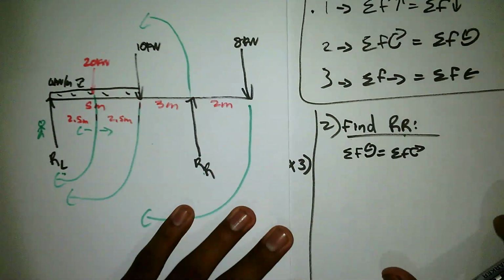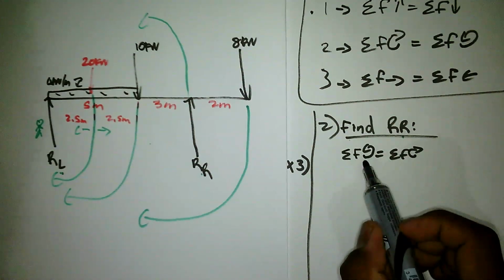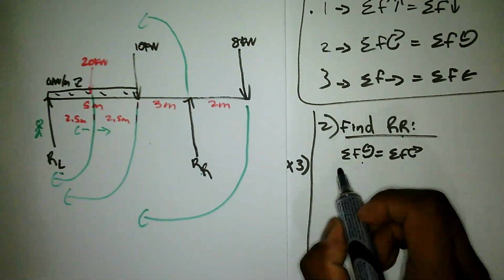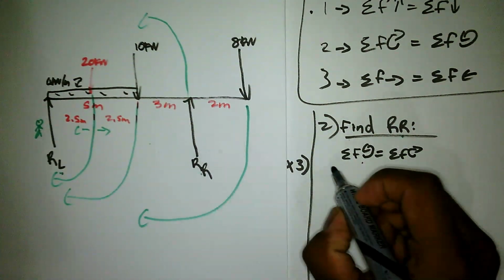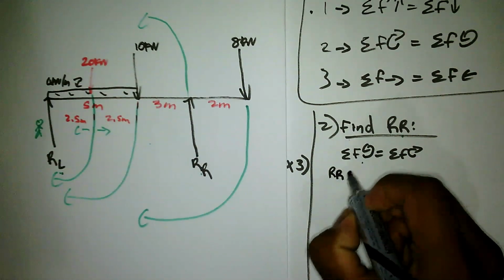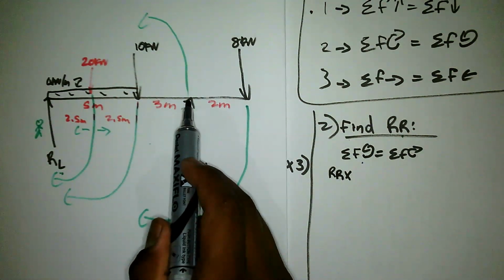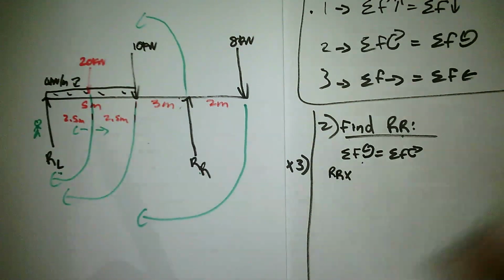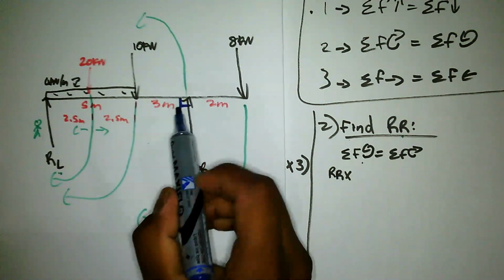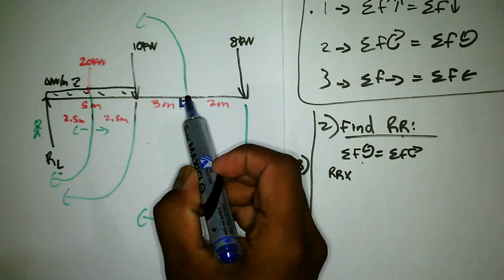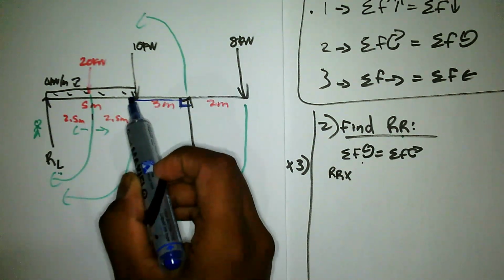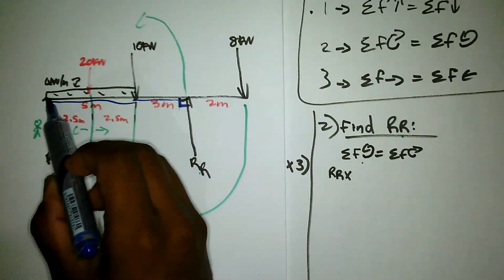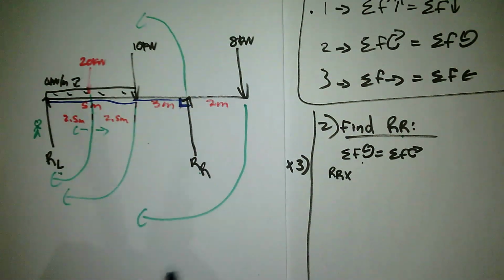Okay, so now we substitute. We say R times the perpendicular distance. The perpendicular distance would now be from R to the new reference point, 3 meters plus 5 meters to the reference point of RL.